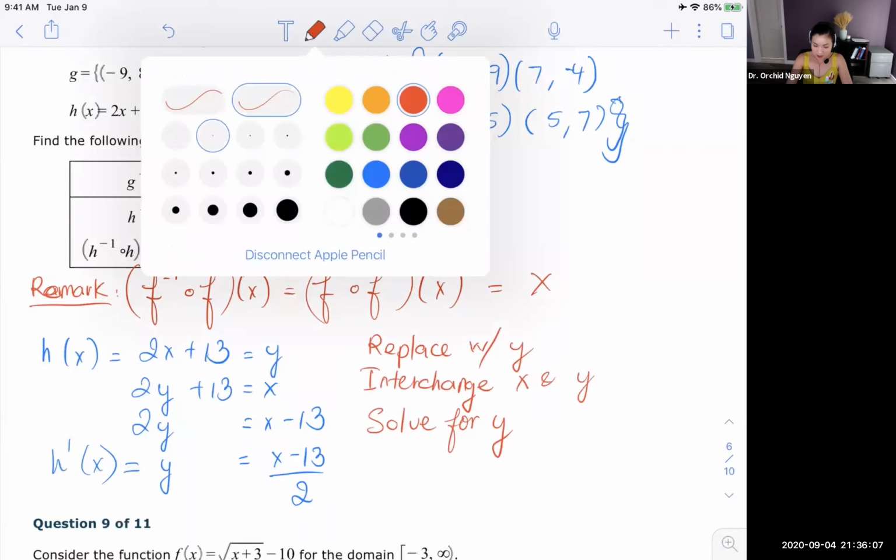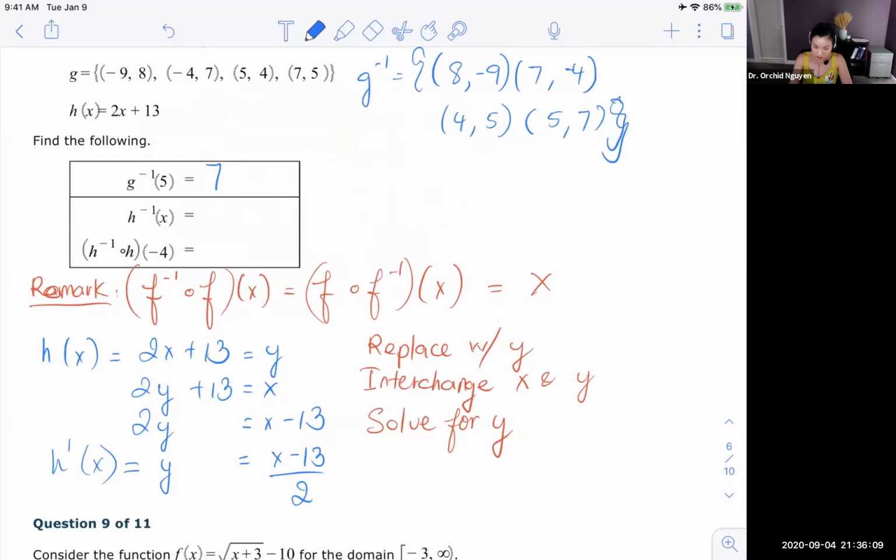So that's the inverse function right here: x minus 13 over 2. If you want to check your solution, you can just do the composite, f compose f inverse and vice versa. Remember earlier I mentioned the remark, we should get back to x. So if you do the composition of the inverse, you should get back to x. So in this case, it's -4.